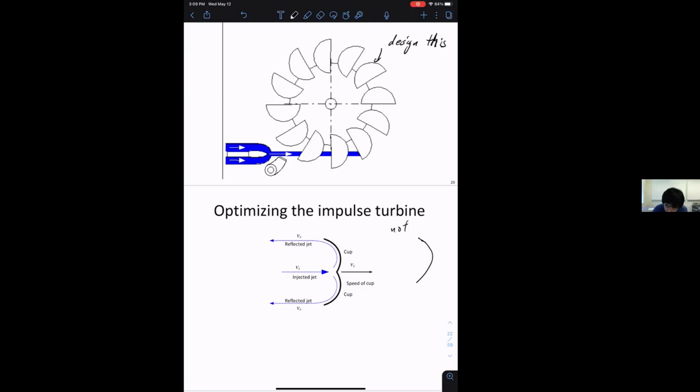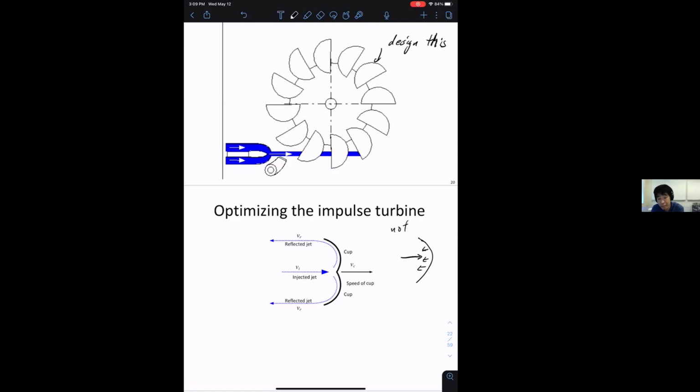Think about what happens if I shoot a jet of water here, if this is simply a convex shape. It'll just reflect back. If you shoot a jet like this, it just bounces back.